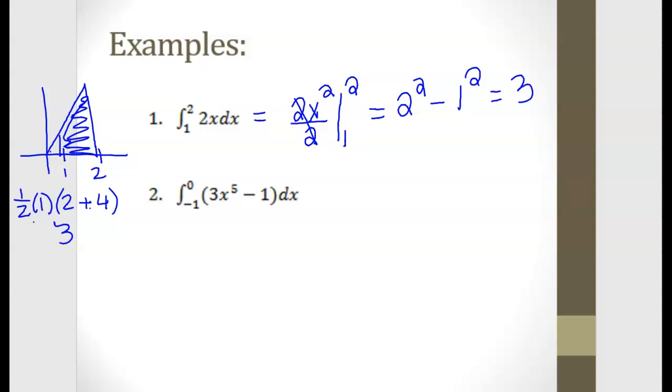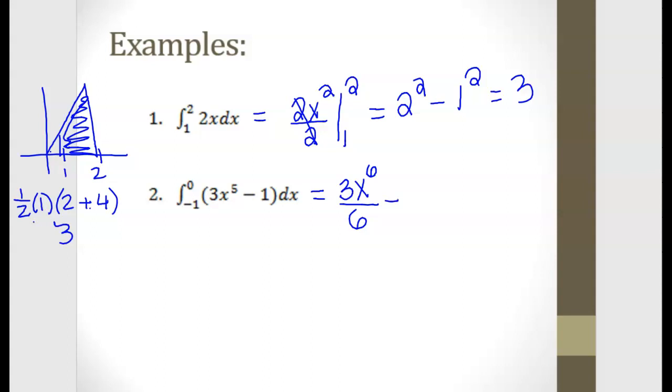Okay, number 2. We have 3x to the 5th, so 3x to the 6th, because you add 1, divide by that new power, minus, now we have 1. Well, that's really like times x to the 0. So what derivative gets you 1?